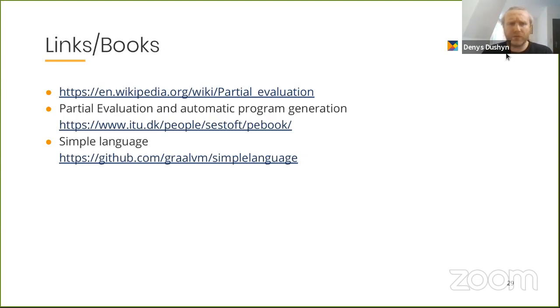It's around 400 pages, but it describes a lot of optimizations that may be applied and how to use partial evaluation in theory and in practice. And also GraalVM provides a simple reference implementation for a simple language that shows how you can write an interpreter for a custom language and how you can implement language semantics with the help of basic building blocks that are available in the Truffle framework.